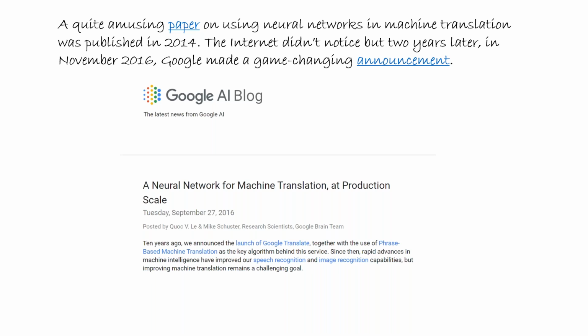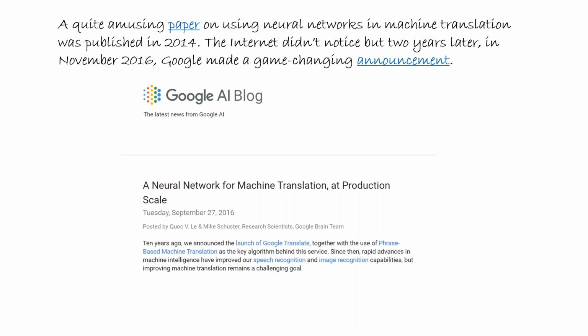But big companies like Google or Facebook come up with new techniques based on those papers, which really surprise everyone in how they utilize this research. So Google came up in 2016 with a different announcement.